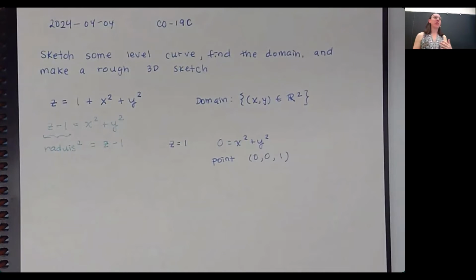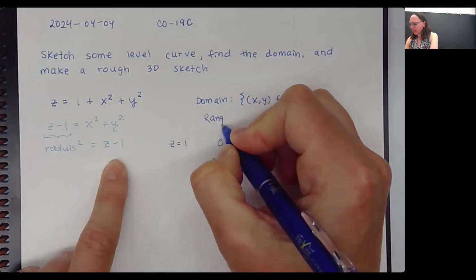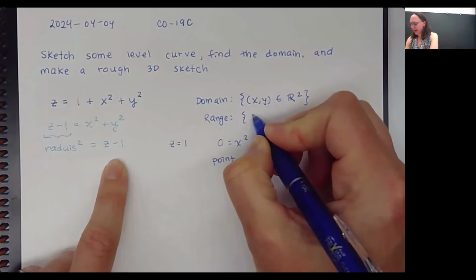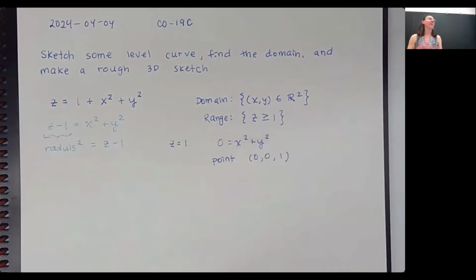That is also telling me something about the range of this function. If I think about the range, we're thinking about all of the possible heights. So the range for this function is that z has to be greater than or equal to 1 in order for this to even make sense.